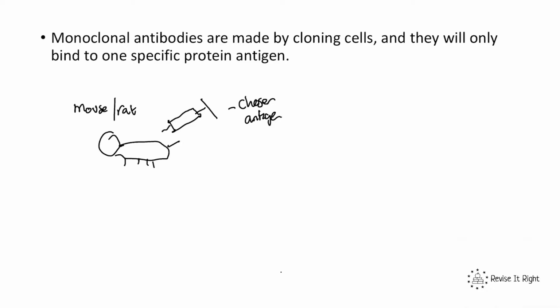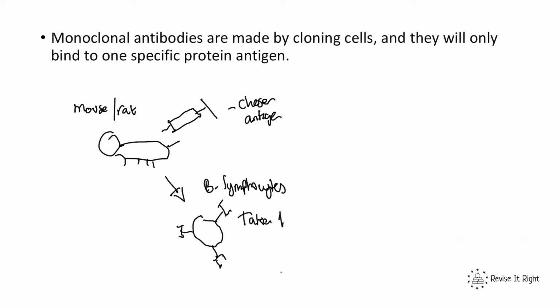What happens is then the mouse or rat's lymphocytes, in particular their B lymphocytes, are taken from the mouse. And remember, it's these that produce the antibody that we're trying to clone. So these B lymphocytes are taken from the mouse.